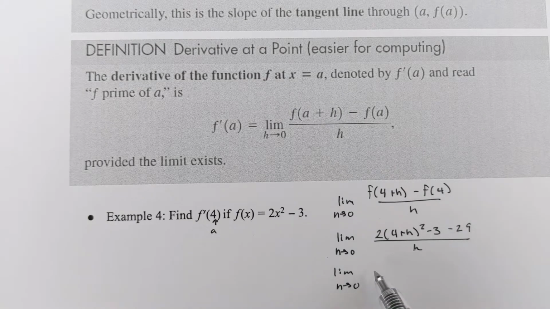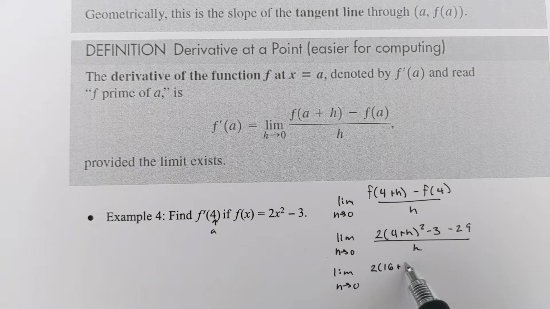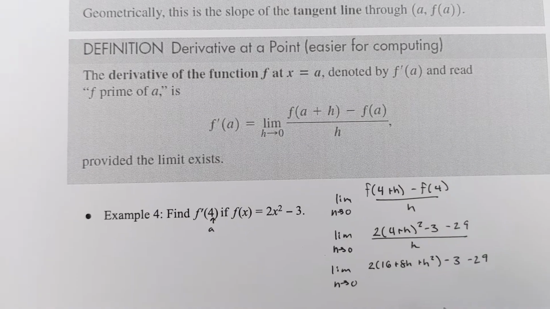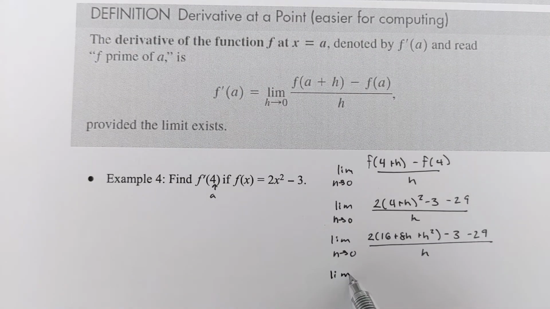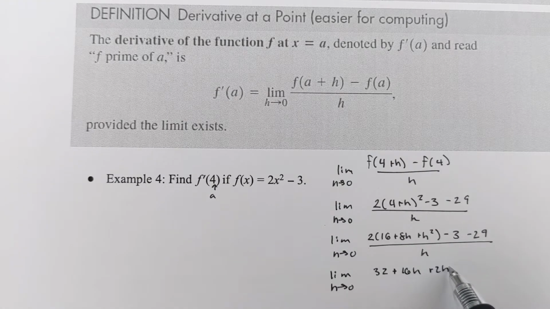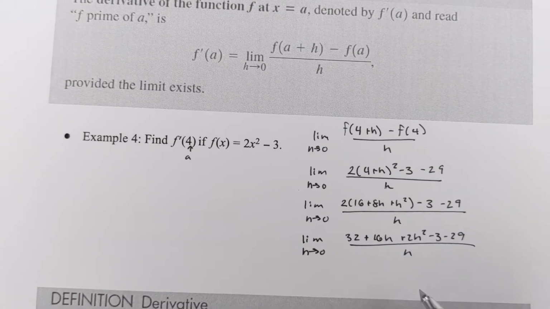That's going to give me 2 times 16 plus 8h plus h squared minus 3 minus 29 all over h. And I could distribute the 2. So 32 plus 16h plus 2h squared minus 3 minus 29 all over h.